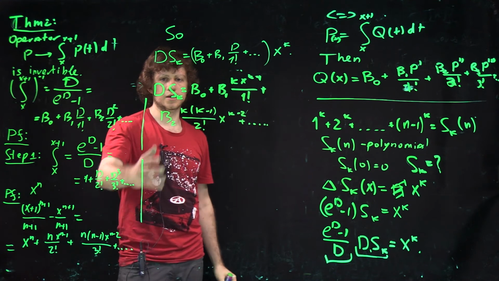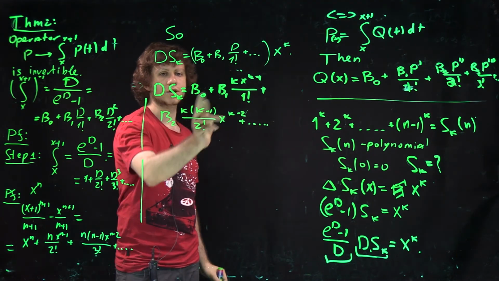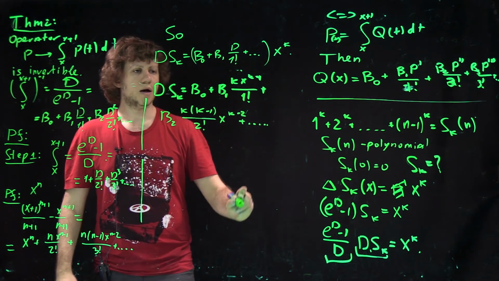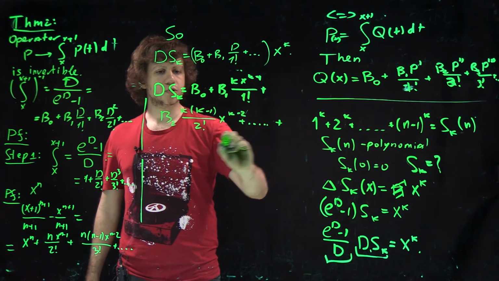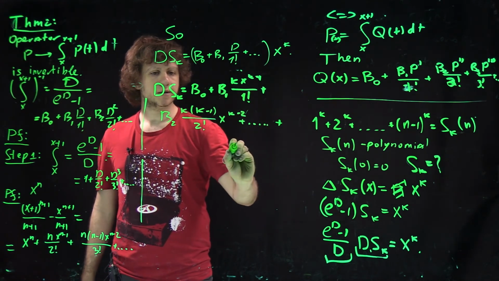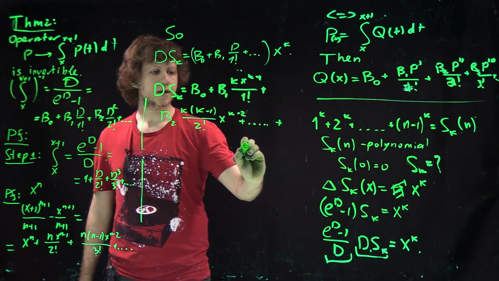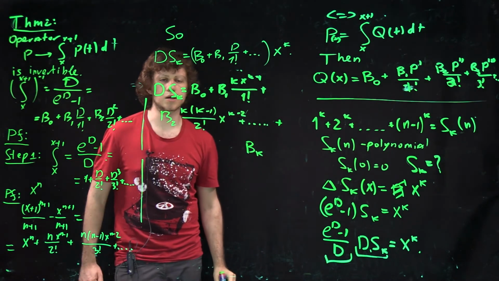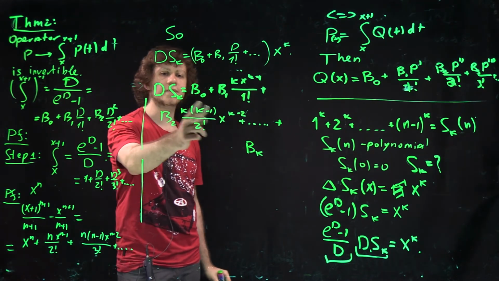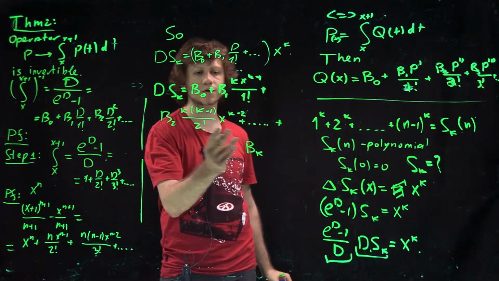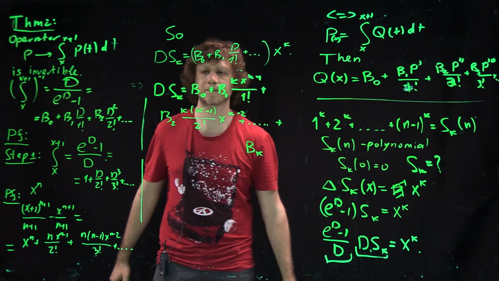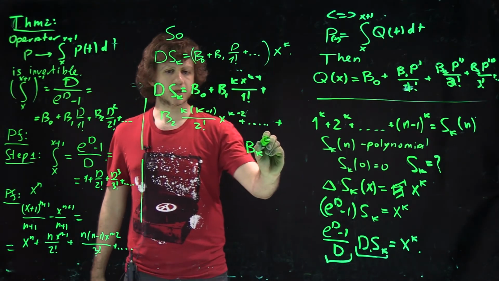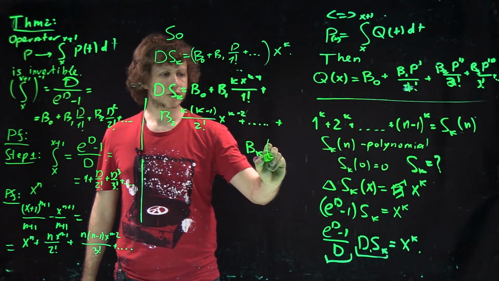These are just binomial coefficients, and eventually it will go up to B_k, and it will end with 1. So here I will see k choose k.